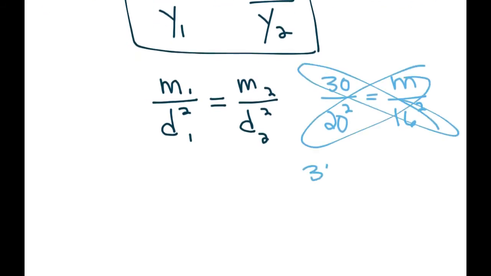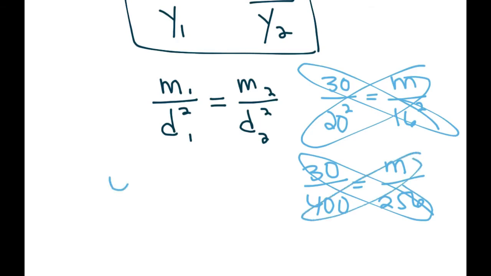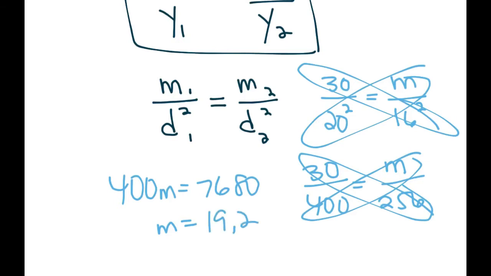Maybe it'll make you feel better if you square this first. And then we'll cross-multiply, and I'll get 400m is equal to 7680. And then we'll divide by 400, and we get 19.2. Well, you can't have 19.2 mushrooms, so it's either going to be 19 or 20 mushrooms.